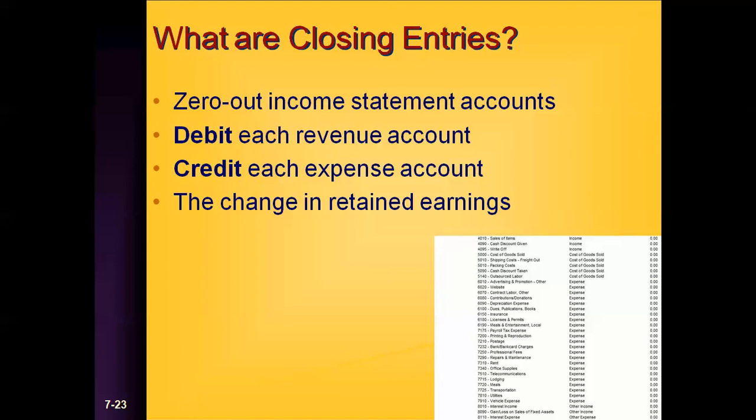You would debit your revenue accounts to close those out, and credit retained earnings. You would close out your expense accounts by crediting those accounts and also debiting retained earnings.